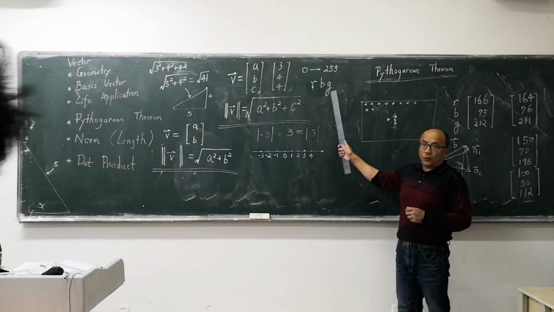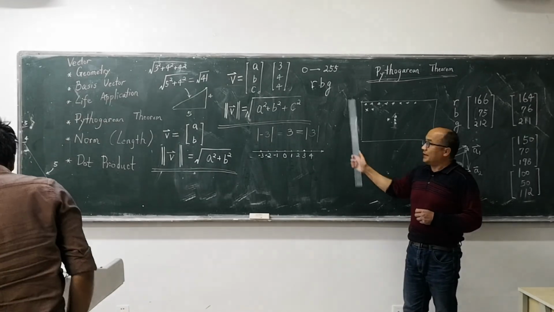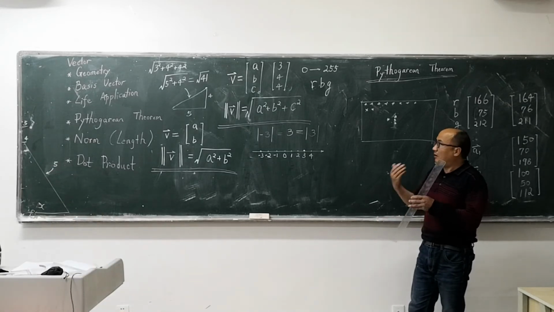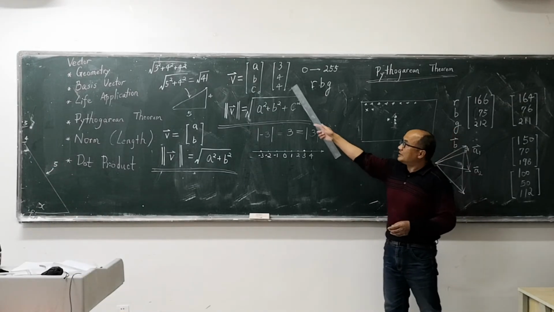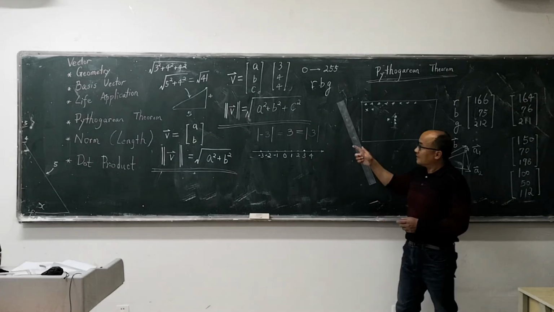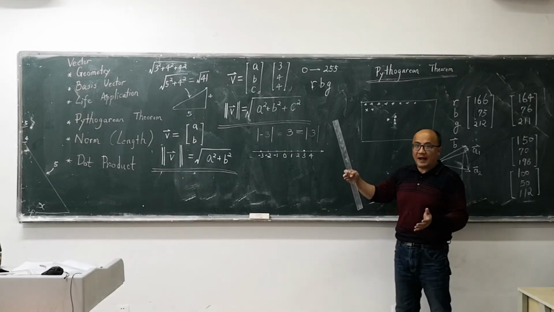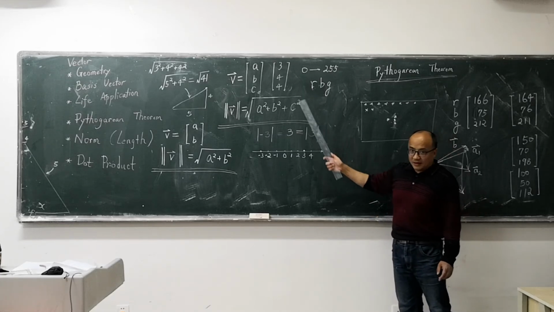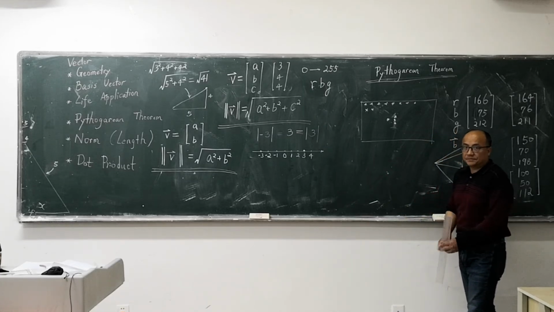Red, blue, green. You can see instead of saying red is what, blue is what, we say it's a vector. Now, an advanced format. And it's clear.